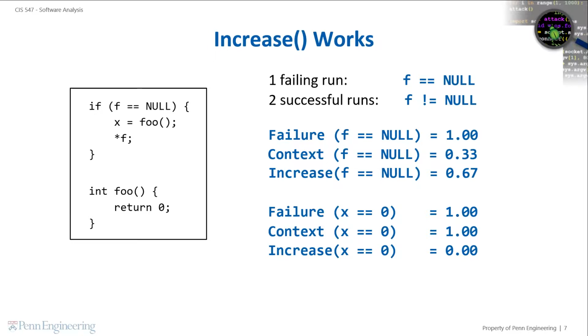This means that the increase of x equals 0 is 0, indicating that when x is 0, there is little if any change in the probability of run failure. So, the predicate x equals 0 is not blamed for causing the program to fail.